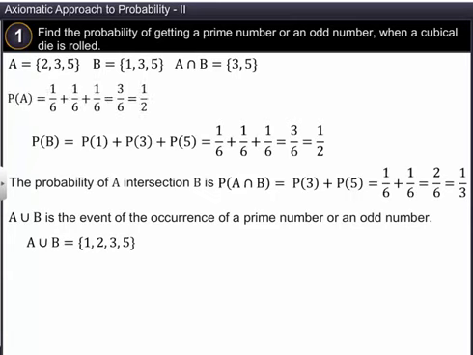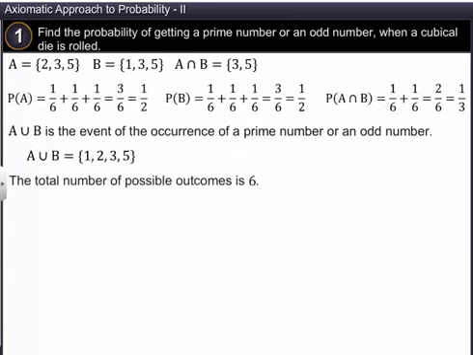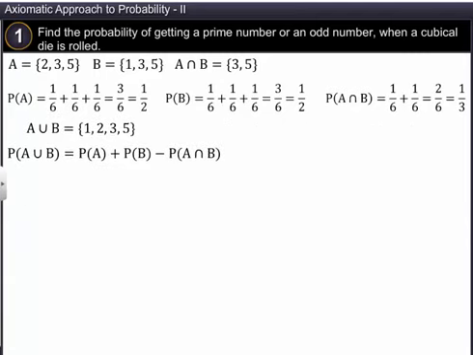We know that P of A union B is equal to P of A plus P of B minus P of A intersection B. On substituting the values of P of A, P of B and P of A intersection B, we get 2/3. Hence, the required probability is 2/3.